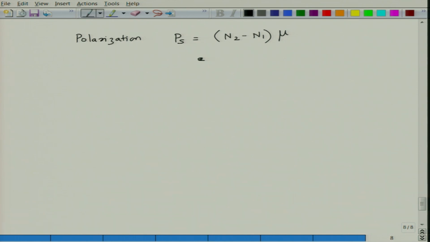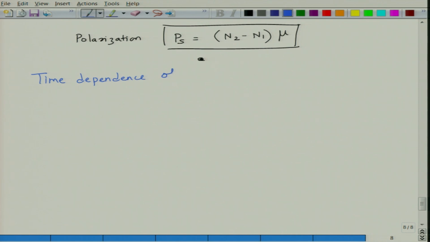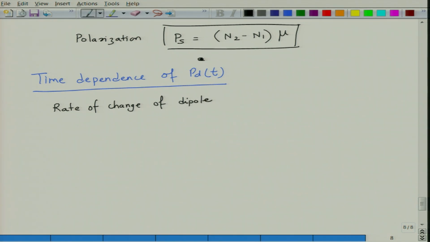Now, let us see, this is another relation that we have: PS is equal to (N2 minus N1) into mu. Now, let us work out the time dependence of P, dP/dt. First we want to work out the rate of change of dipoles on site 1.